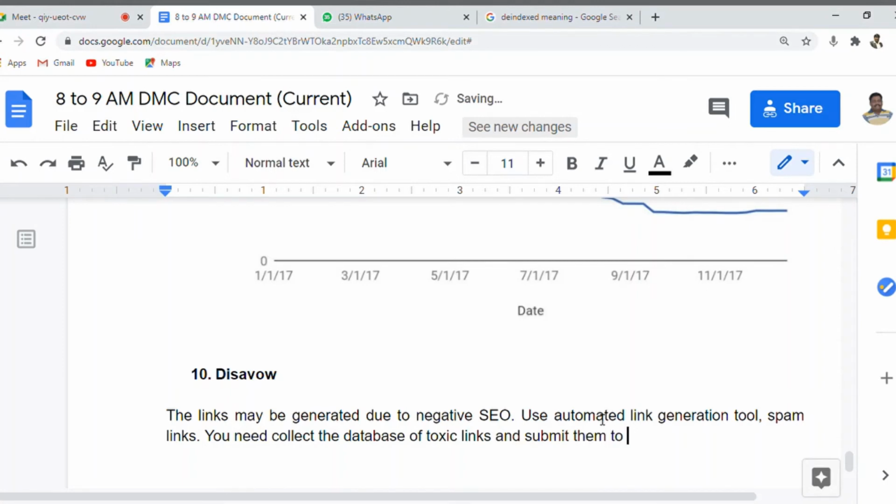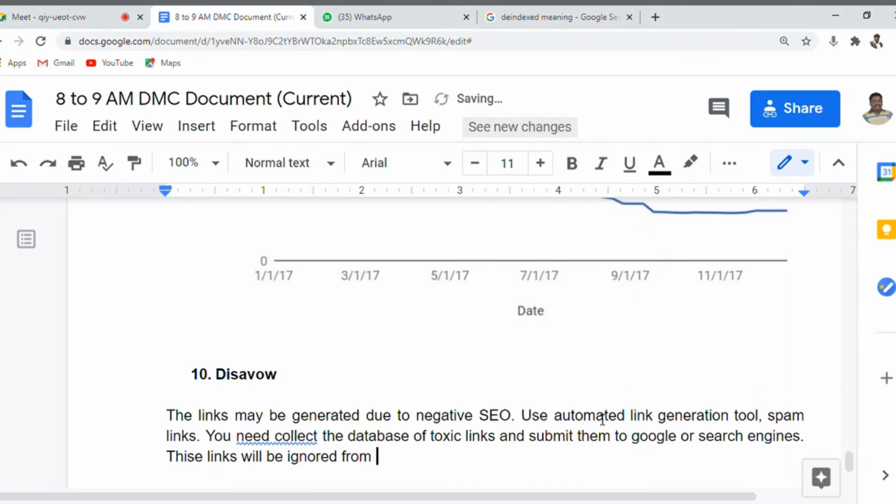Submit them to Google or search engines. Now, what will it do? These search engines will look into those links, and those links will be ignored from the ranking algorithm.